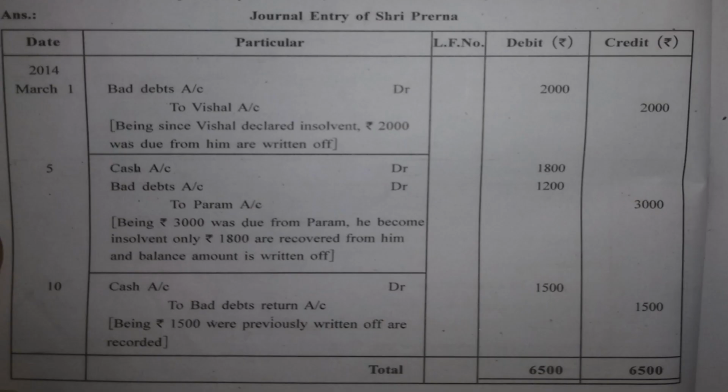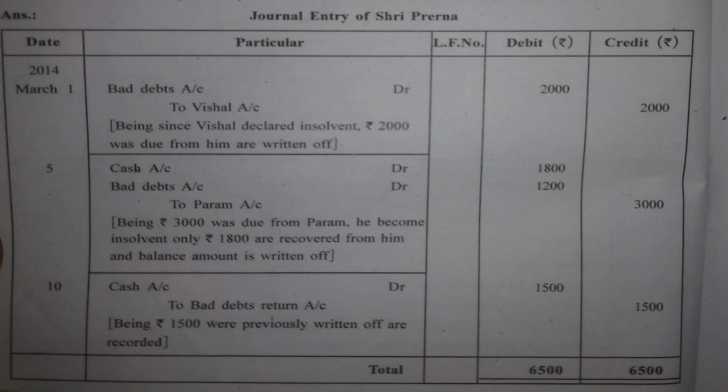So now cash comes in. Cash account debit 1500 to bad debts recovered account 1500. You can also write it as bad debts recovered account. Because it is your income, it is to be credited. Because you were not expecting 1500 and it is now paid by Rohan. So it is your income and cash comes in.